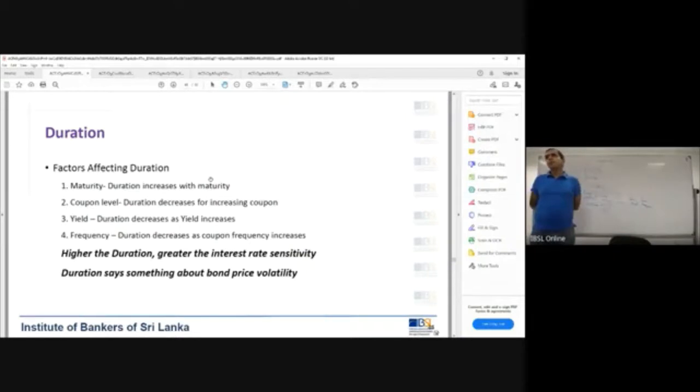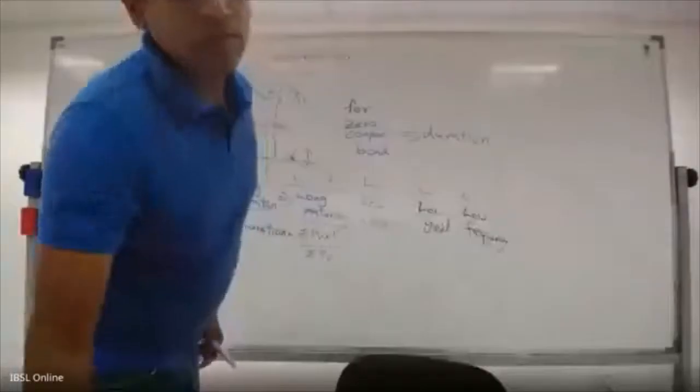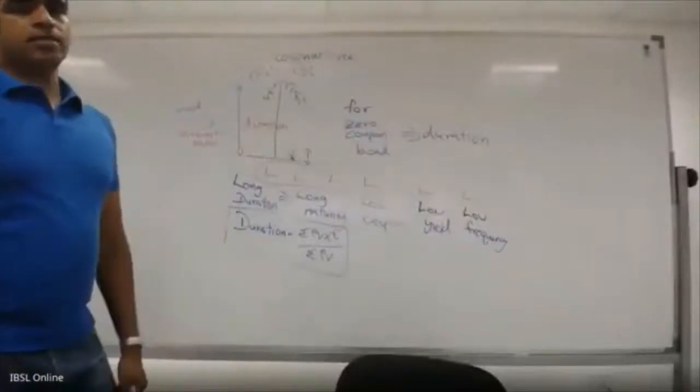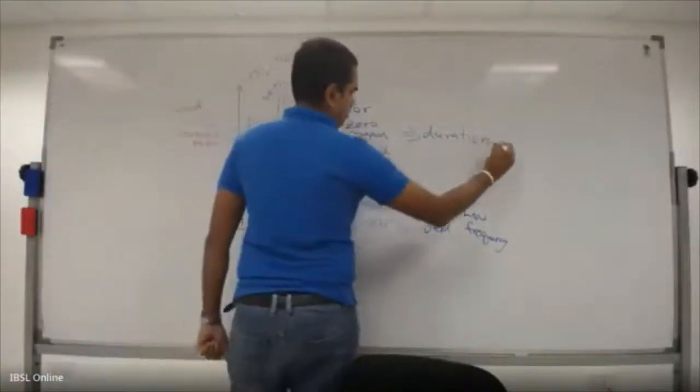So that is why, for a lower coupon bond, right, for a zero coupon bond, duration is equal to maturity.